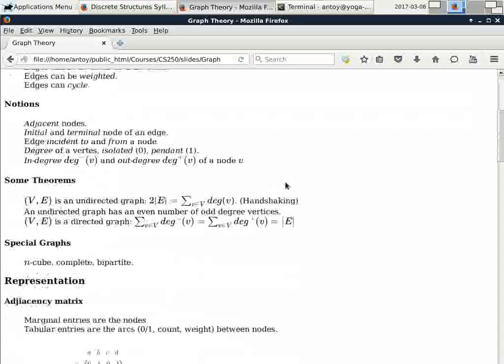We saw some properties that always hold in a graph. An edge always connects two points. So if we count how many edges are incident to a node, over all the nodes, we have some constraint. This sum over all the nodes has to be twice the number of edges.